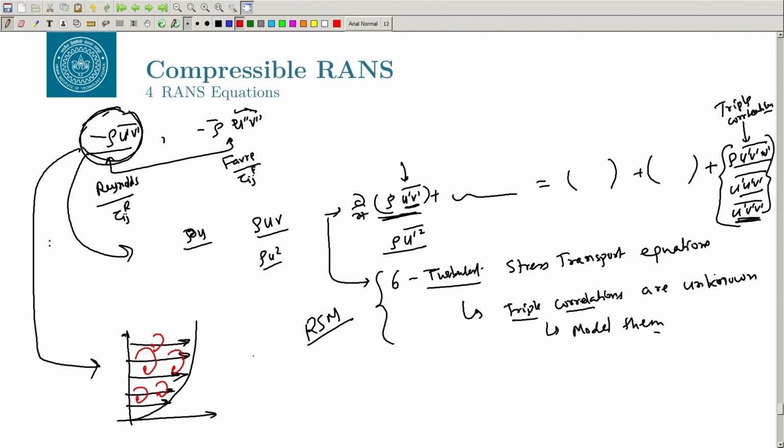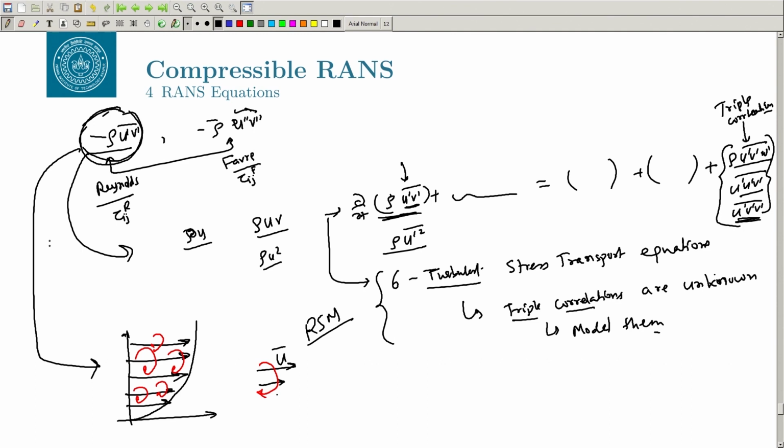So what if you take any two layers like this, and take an eddy? Any transport in the fluctuation is happening due to this mean flow gradient, so it is happening in the direction of the gradient. If you have higher velocity on the top and lower velocity at the bottom, in that direction the momentum is getting transported.